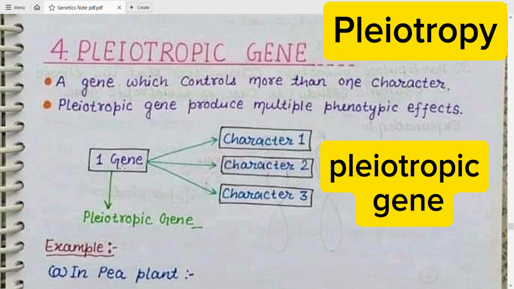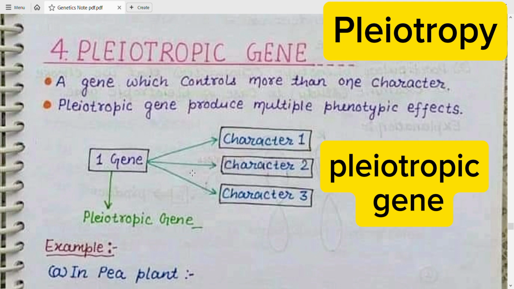For example, a single gene which is a pleiotropic gene controls more than one phenotypic effect, which is known as pleiotropic genes. We take the example of human beings to understand the pleiotropic gene very easily. The growth gene of human beings also affects the weight and height of the human beings.